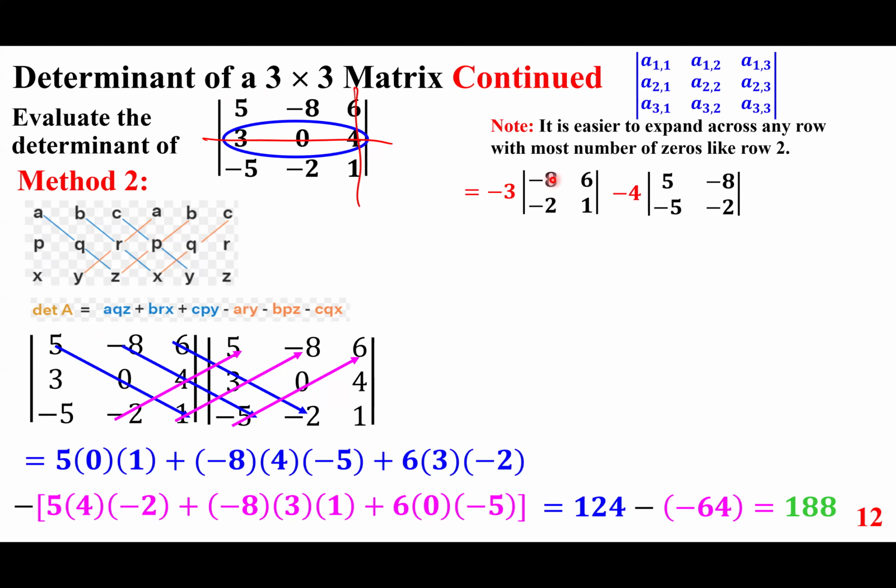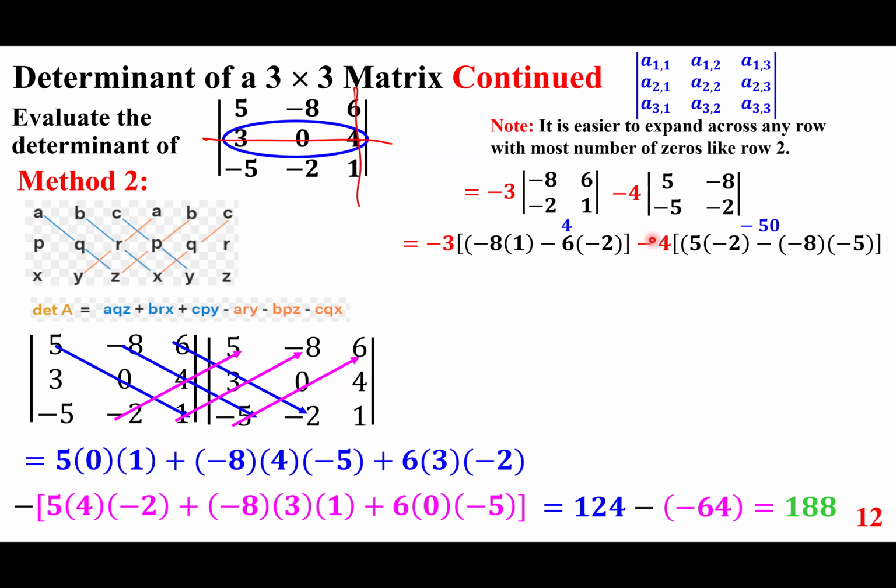So this is negative 3 times minus 8 minus 1 minus 6 times negative 2, minus 4 times 5 times minus 2 minus negative 5 times negative 8. This is negative 8, a positive 12 is positive 4. This is negative 10, negative 40, it's negative 50.